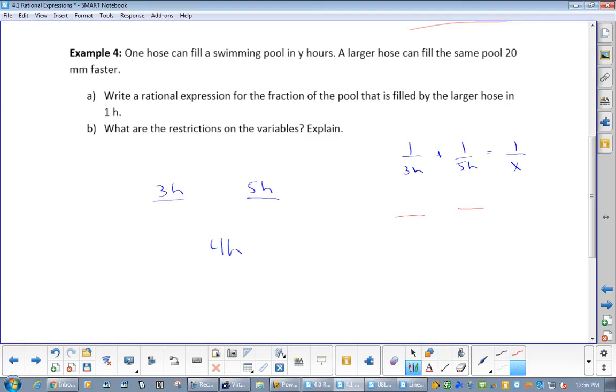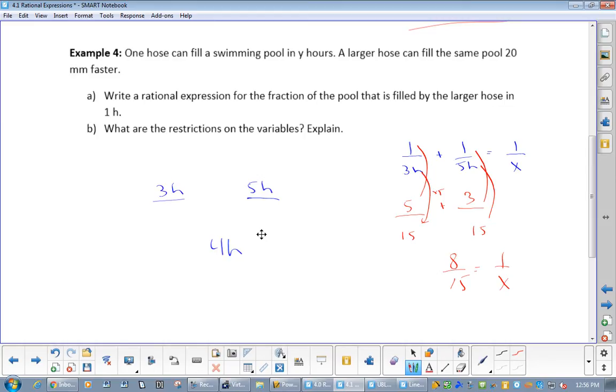To add these together, we would have to put this over 15. I have to multiply this by 5, so that'd be 5/15. And this will be 3/15. So it's 8/15 equals 1 over x.